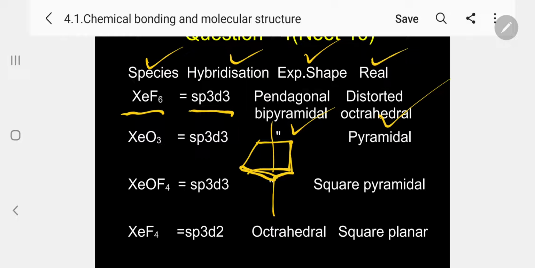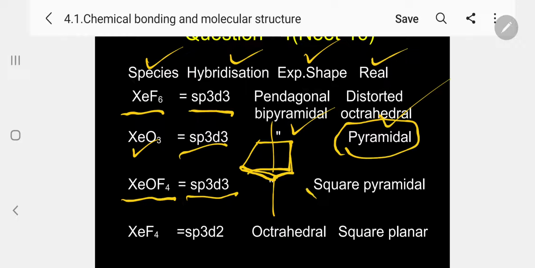Then XeO3, again sp3d3, same pentagonal bipyramid expected shape, but the actual is pyramidal. I told you. XeOF4, again hybridization sp3d3, the expected shape is pentagonal bipyramidal, but it is changing to square pyramidal.